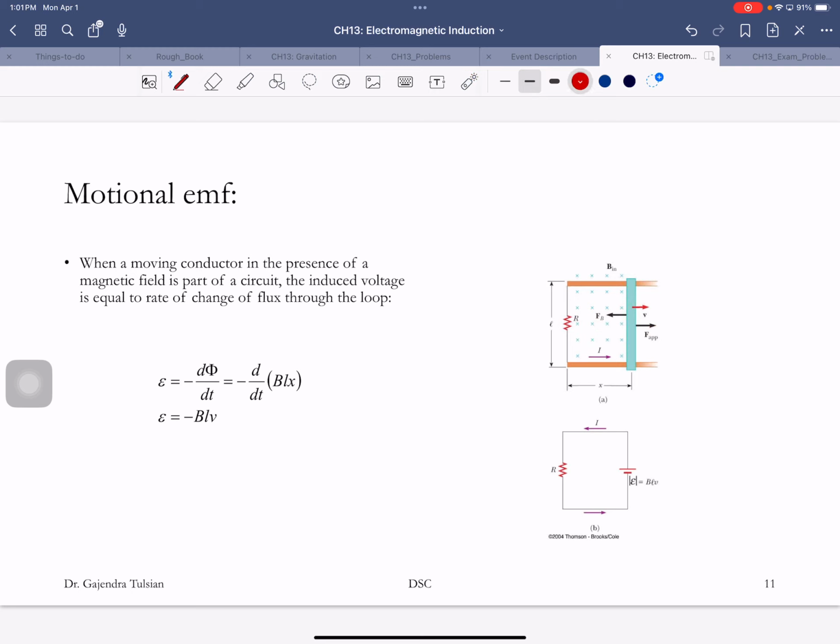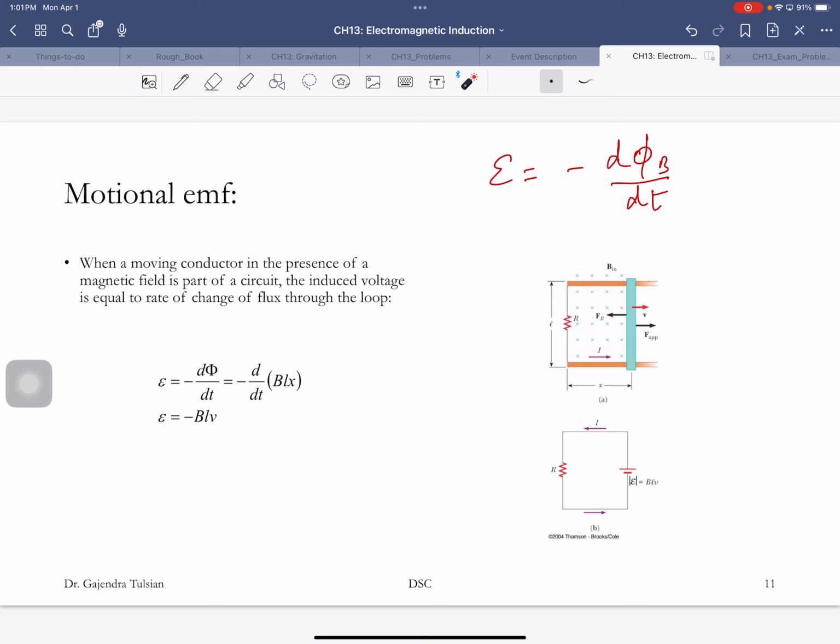And Mr. Faraday told us that the induced EMF is the rate of change of flux. Anytime the flux changes through a loop, that's equal to the induced EMF. So if you imagine this as part of a circuit, the induced EMF is equal to that.